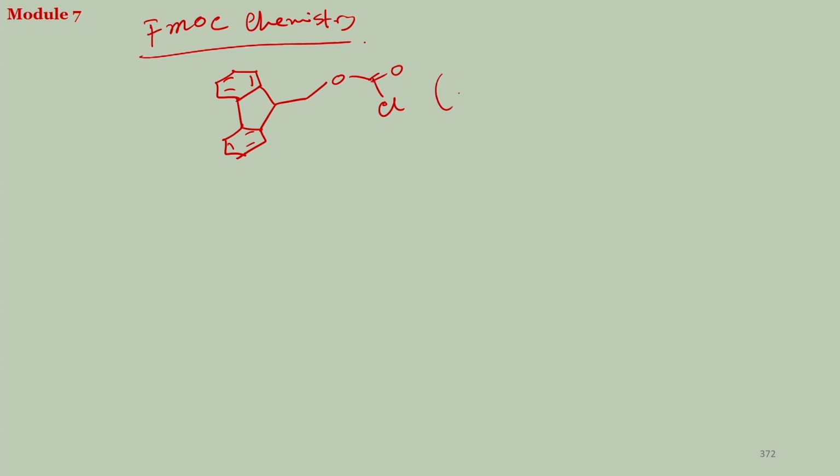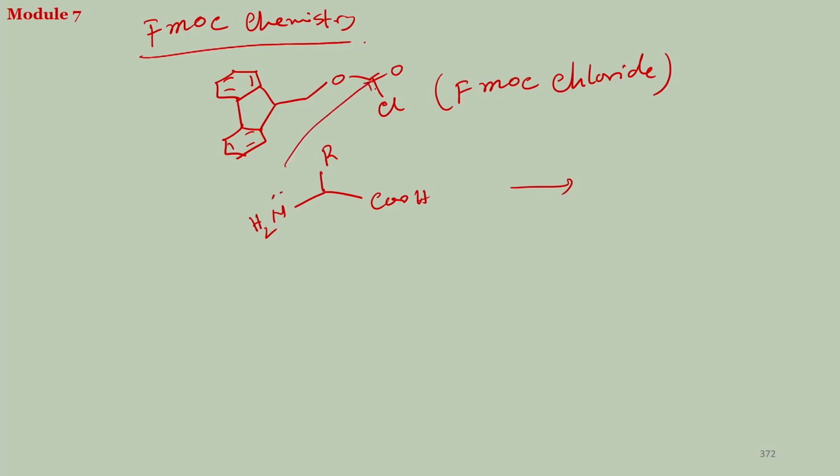This is FMOC chloride. This is a fluorenyl moiety that is connected with the intervening CH2 group to an acyl chloride. So, again the same reaction, if you have R, acid chloride, obviously chloro would be out.